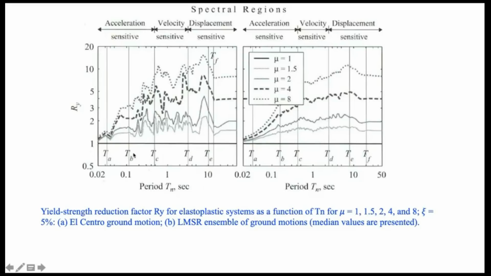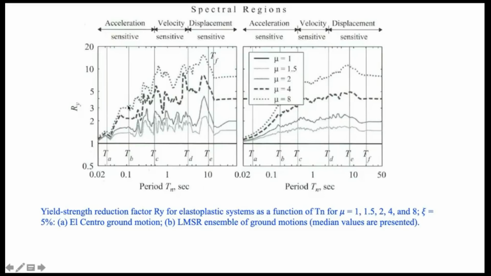The variation between Ta, Tb and Tc is more severe compared to between Tc and Td, and Td and Te or Tf. You can have a look: if you apply a ductility of 8, you can see Ry is close to 3, so it is less than 8.